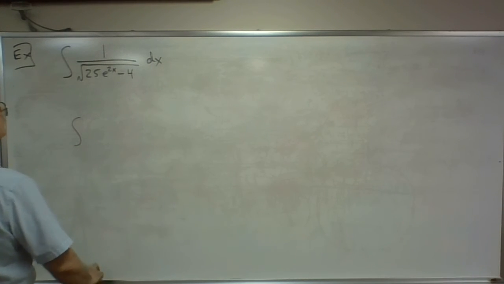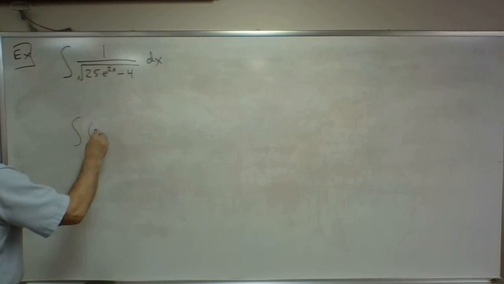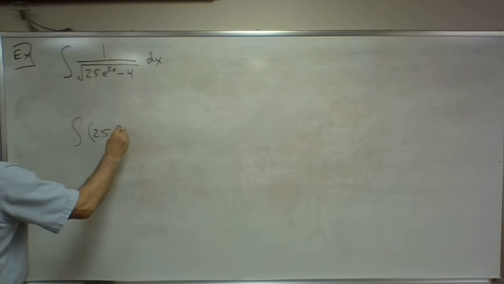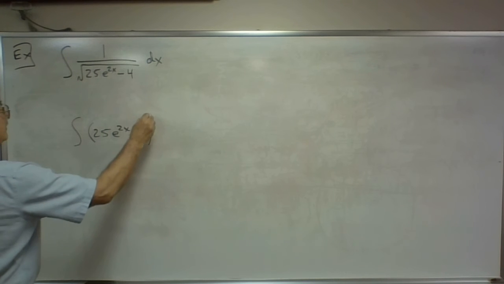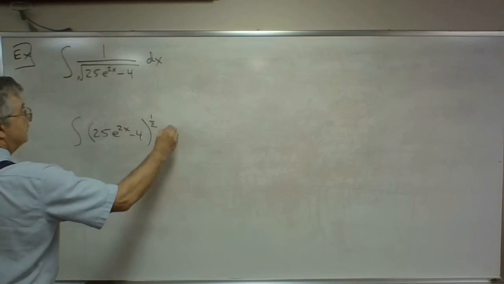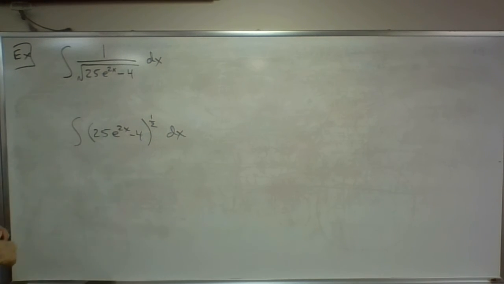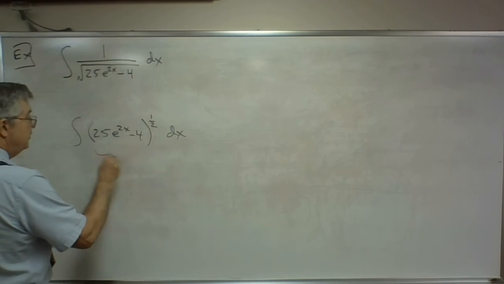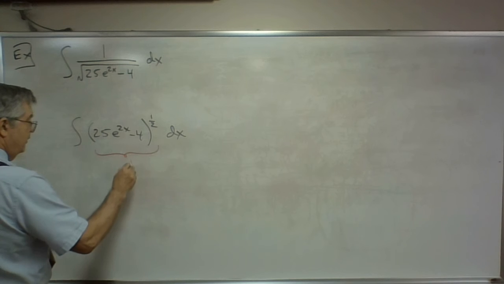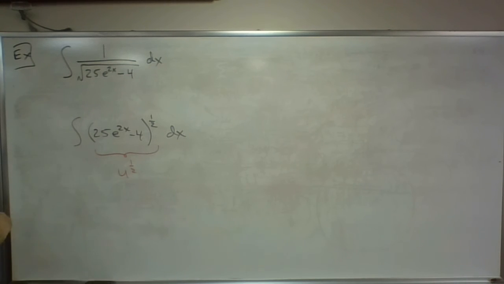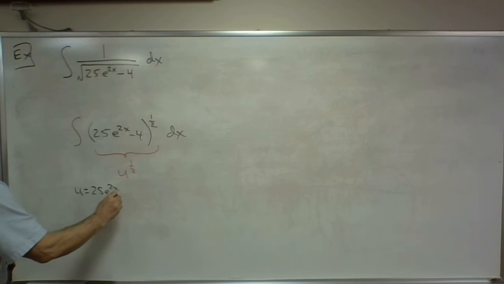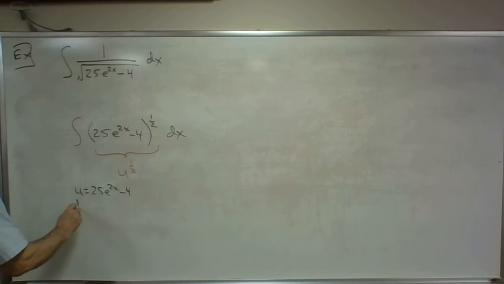And so I could look at this as 25e to the 2x minus 4 to the 1/2 dx. And this would be my u to the 1/2. And that would mean that u would be 25e to the 2x minus 4.